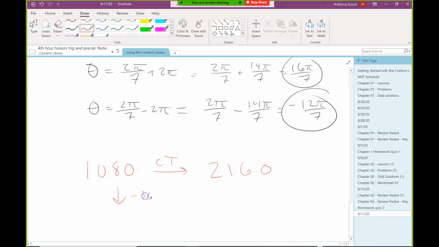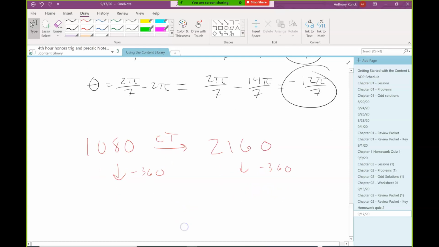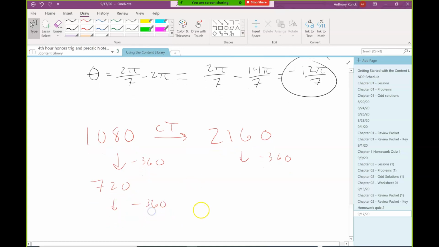So I'm just going to subtract 360 a bunch of times. So like 1080 minus 360 is 720. That's not between 0 and 360. Or I can just kind of pause here and just do all my subtractions of 360 from the other number and see if I run into 1080 along the way.